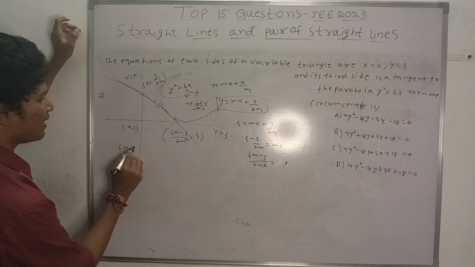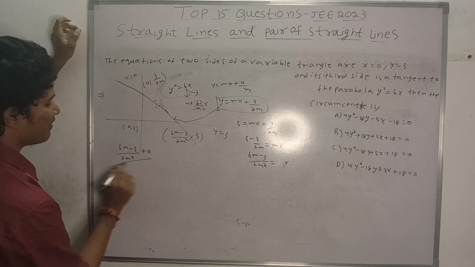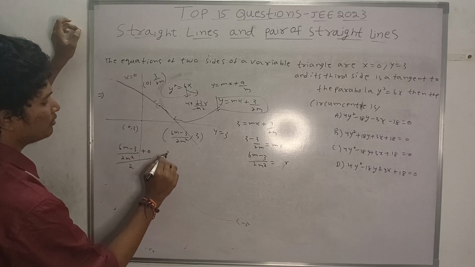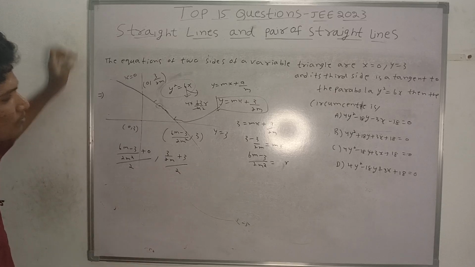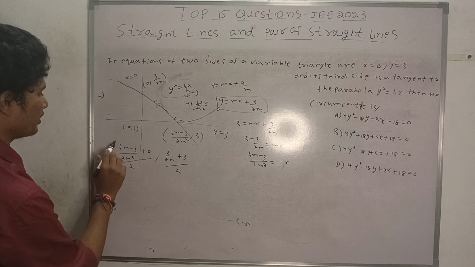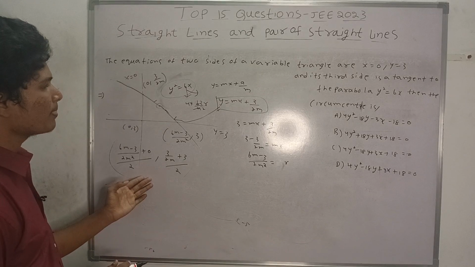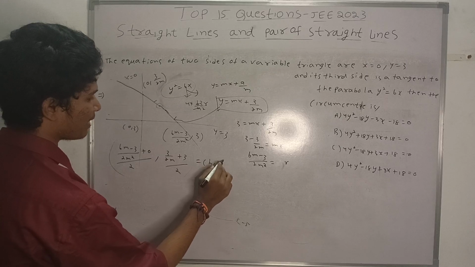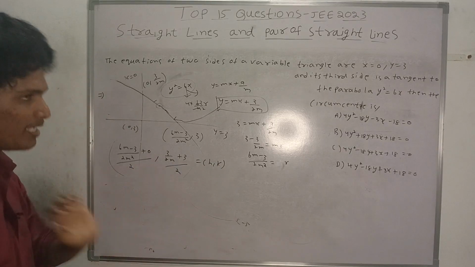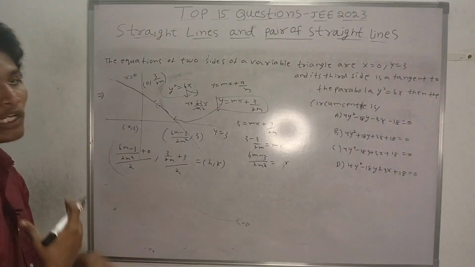So what is the midpoint here? The midpoint is (6m minus 3) divided by 2m square plus 0, divided by 2, comma, 3 by 2m plus 3 divided by 2. Suppose this circumcenter can be taken as (h, k), and we have to find the locus.